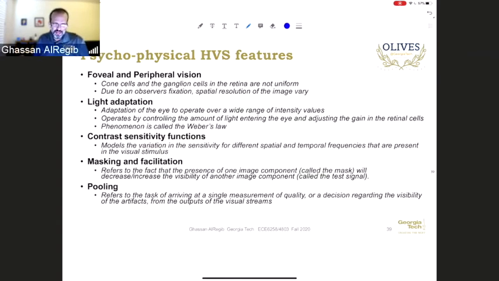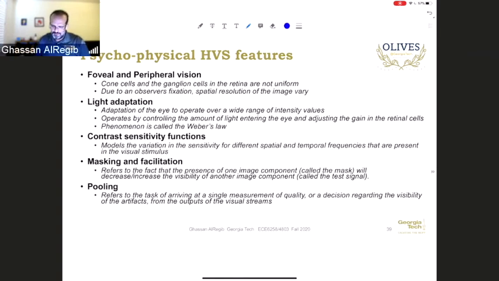And then we have the contrast sensitivity function that's already part of our human vision system. This contrast sensitivity is either in the spatial domain, and we'll see those in more detail, or in the temporal domain. When we have some motion in a video, for example, there is that kind of contrast sensitivity, which leads us to talk about masking.